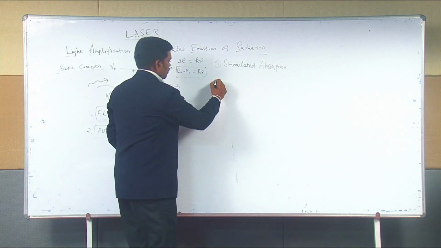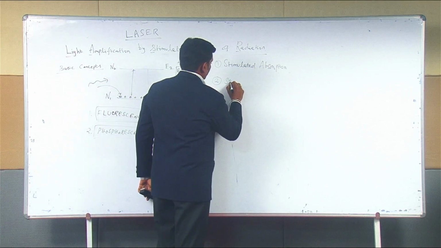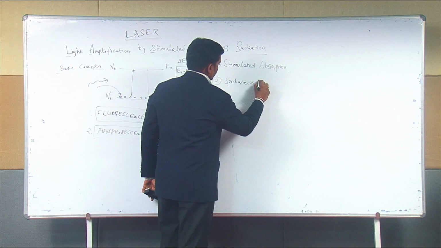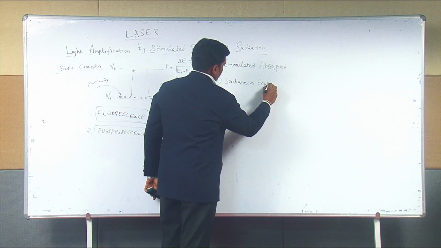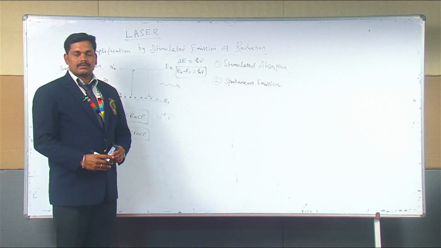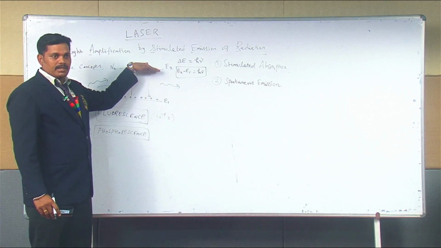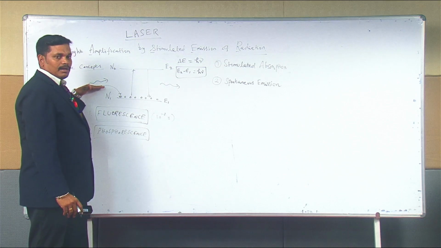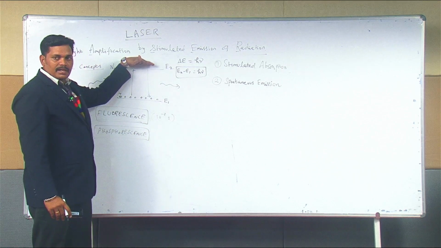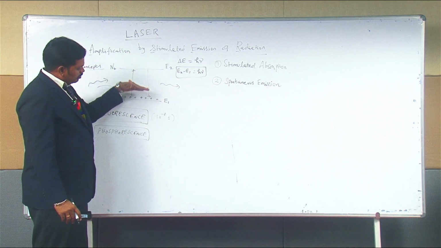And the second concept is spontaneous emission. Spontaneous emission means when the atom or molecule goes to the excited state by absorbing the external photon, it stays up to 10 power minus 8 second or even more, then it comes back to the ground state.